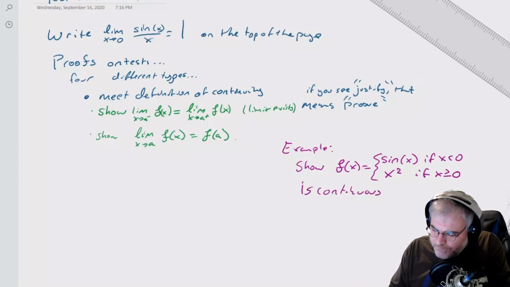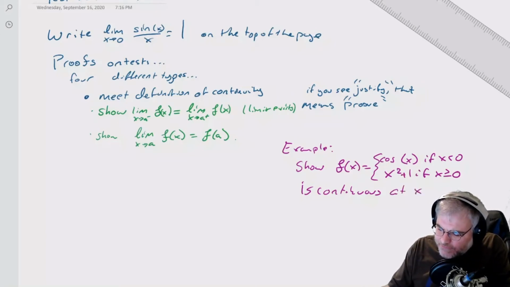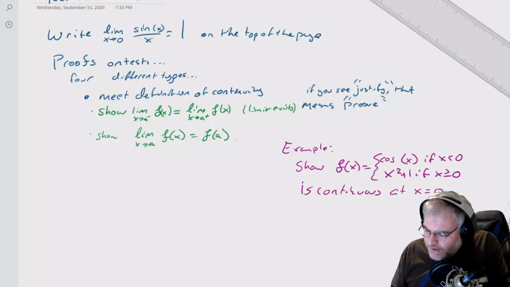I should have put cosine. Show that this function is continuous at x equals 0. Right? So how would I do that?